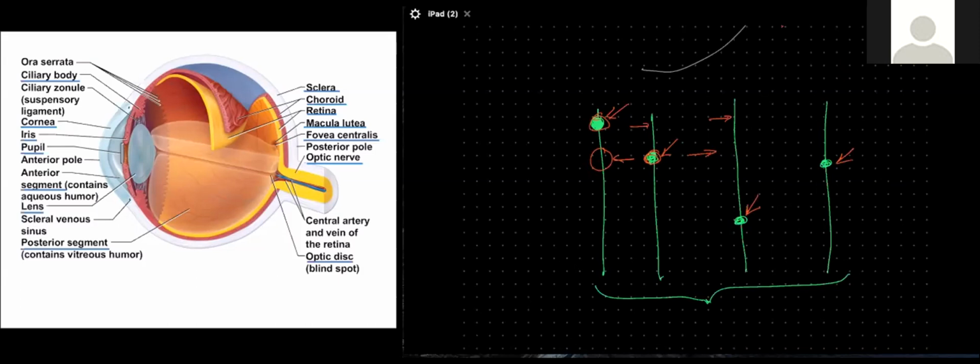Does this make sense? The main thing that prevents you from having this vision field defect due to the presence of the blind spot is the continuous movement of the eye.